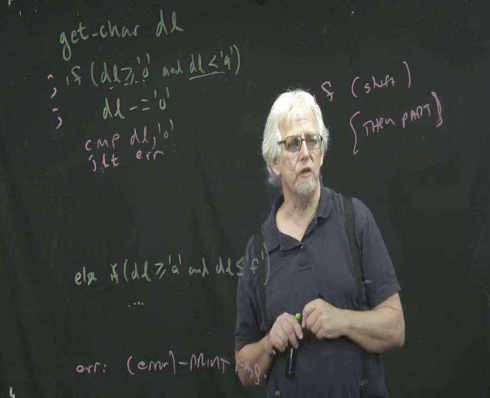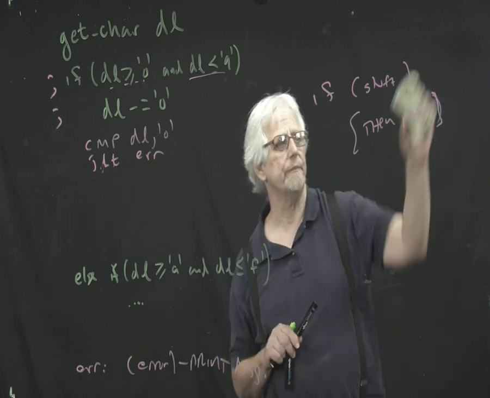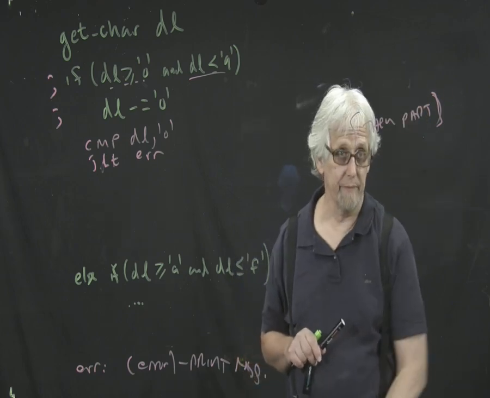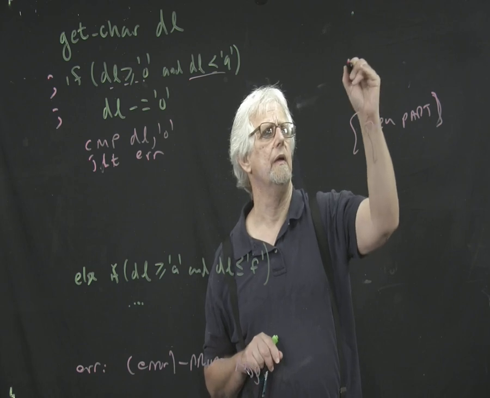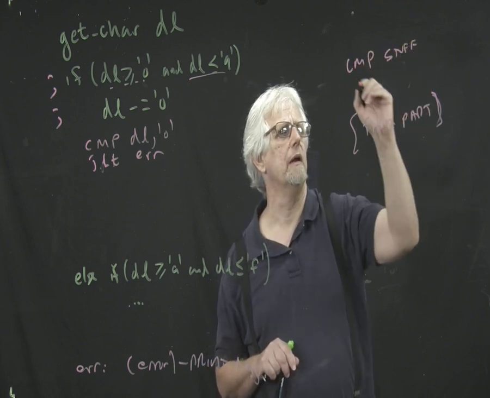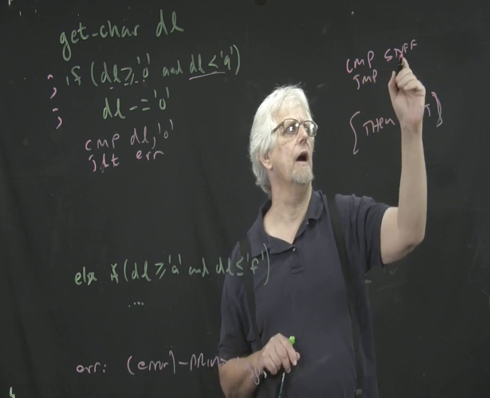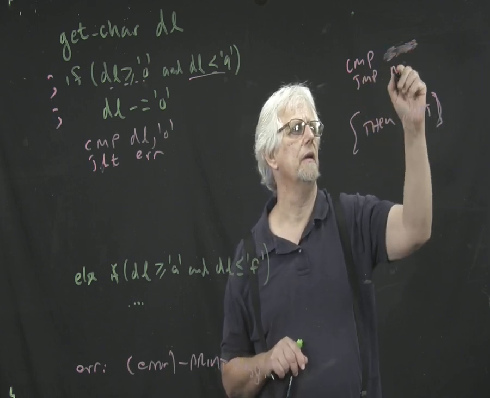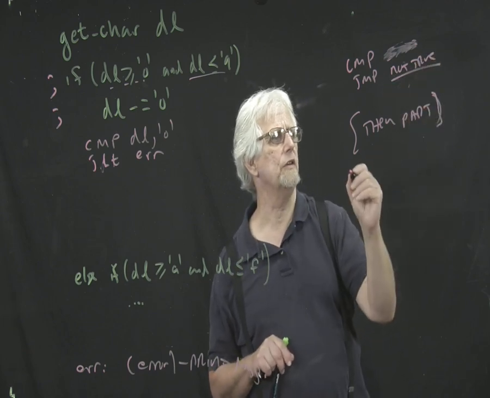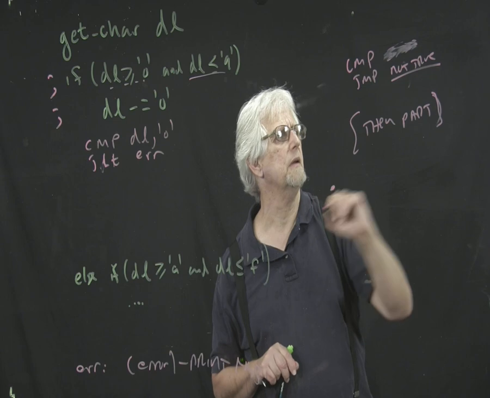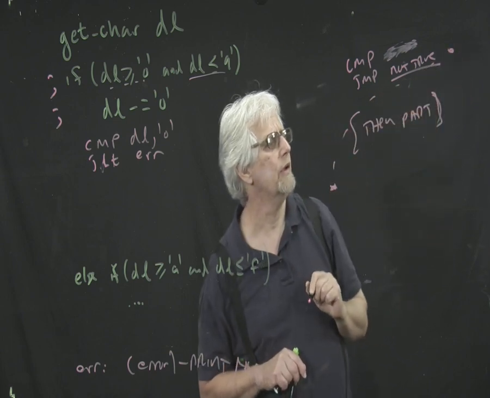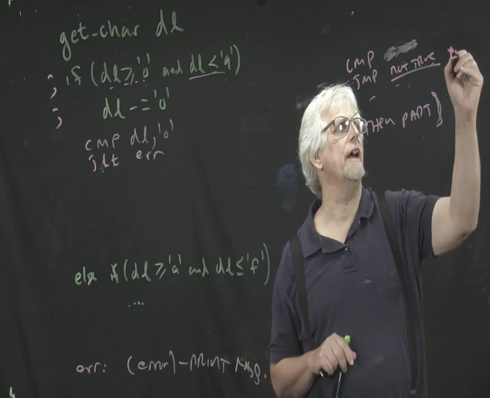What we actually do in assembler is compare, jump if not true down to, okay, let's call that L10.